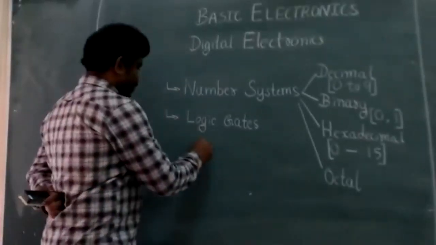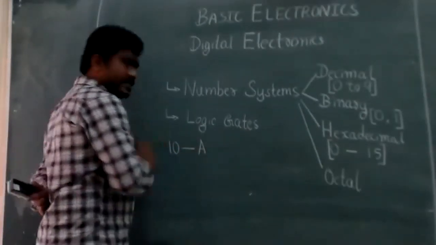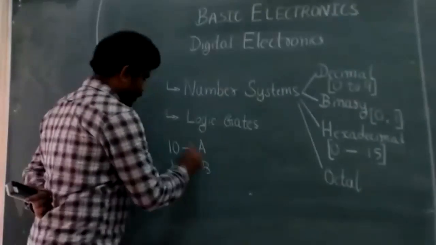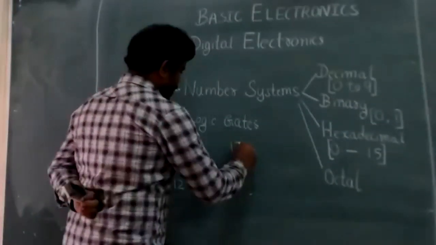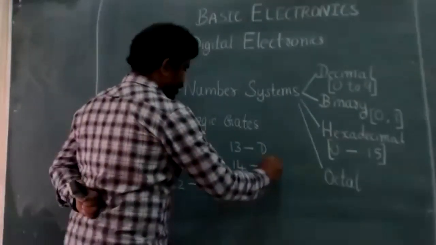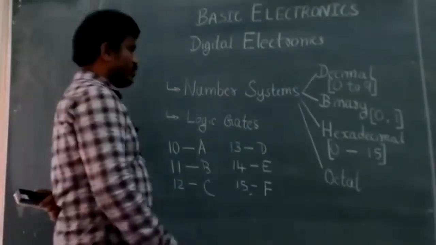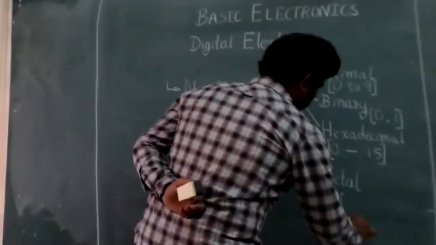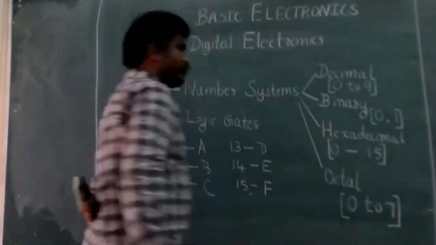Decimal 10 is represented as A in hexadecimal, and 11 in decimal is represented as B, and 12 is represented as C, and 13 is represented as D, and 14 is represented as E, and 15 is represented as F. So in the hexadecimal number system we have numbers ranging from 0 to 15, and in the octal number system the number is ranging from 0 to 7. So this is the brief overview of the number system.